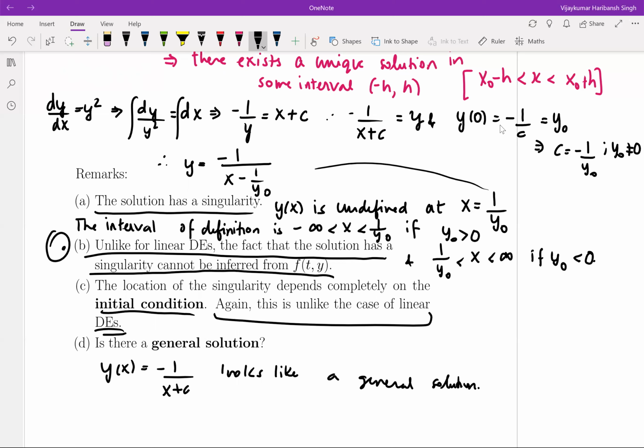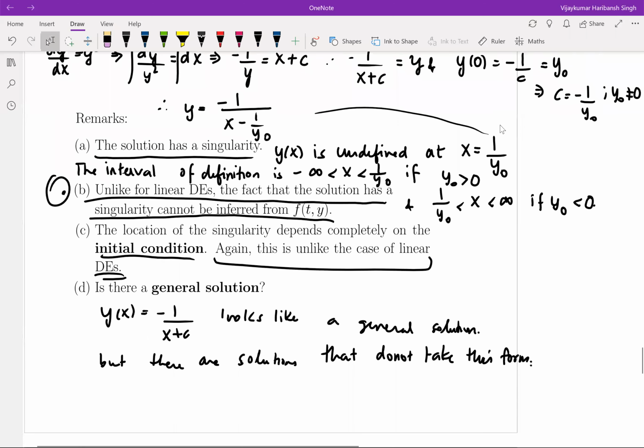But there are solutions that do not take this form. First of all, if you're wondering what a general solution means, is there a general form to the solution?